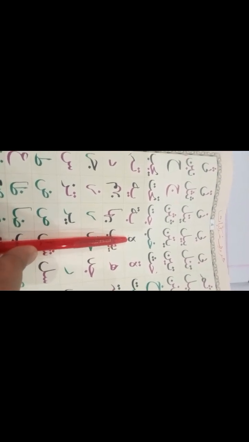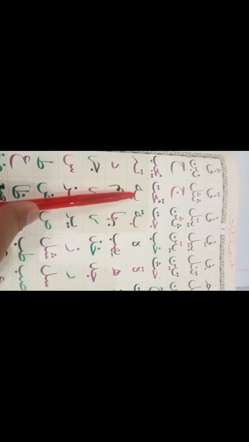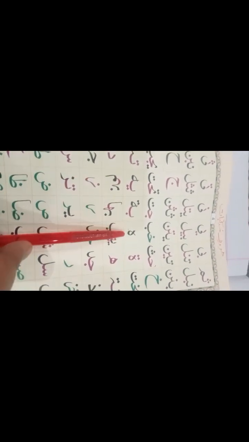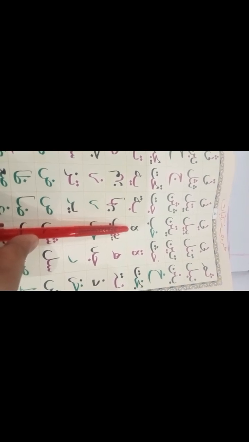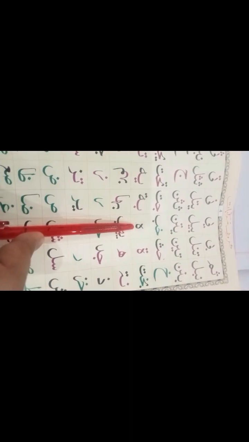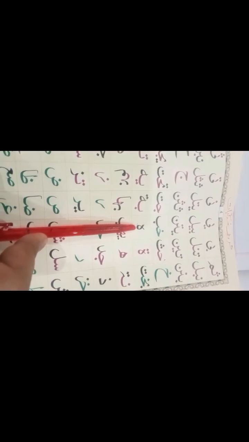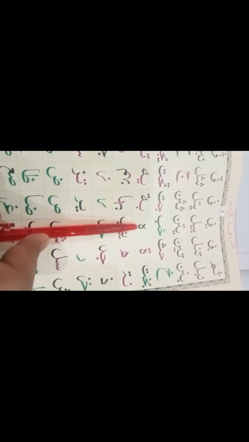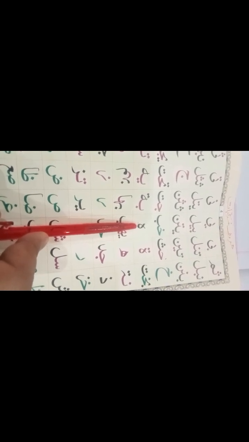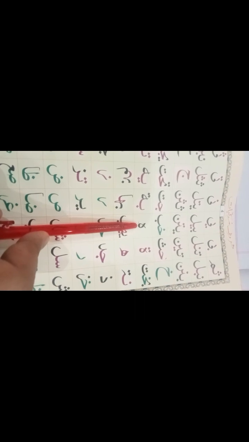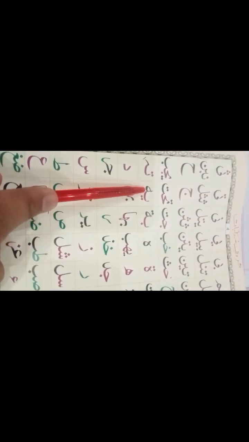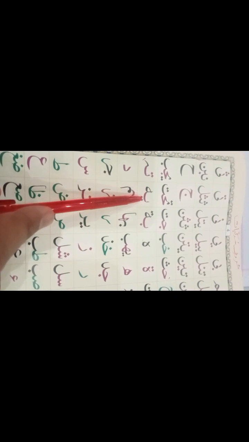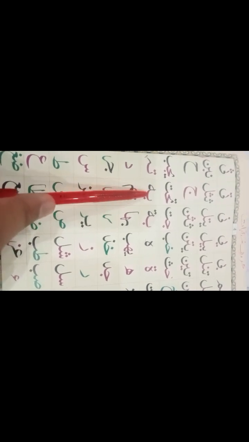And two written forms of ha we learned yesterday, number one ha, and number two yaha. This type of ha will be written singly when it is not connected with other letters. And this type of ha will be written with the connection of the other letter, like in ya ha.